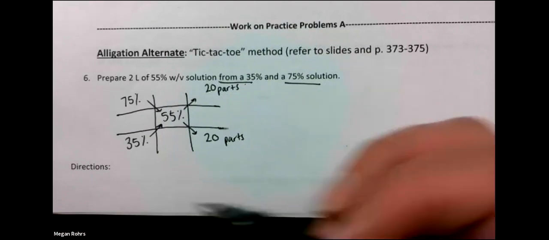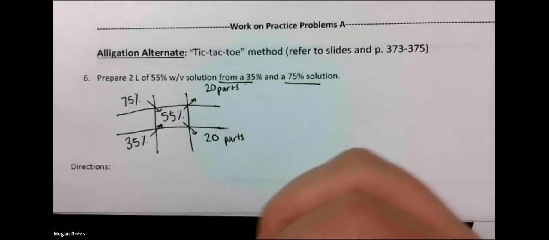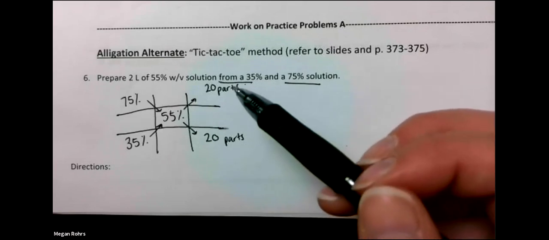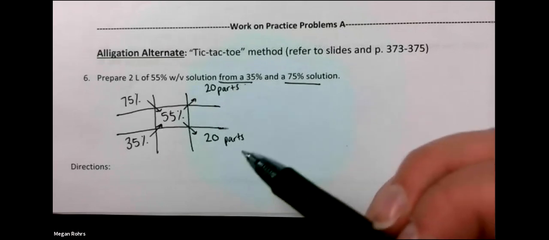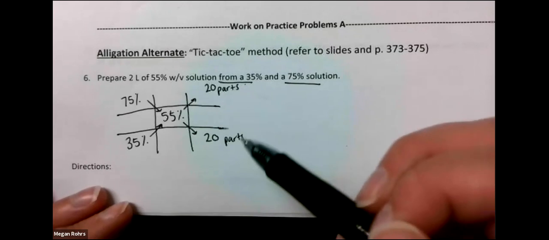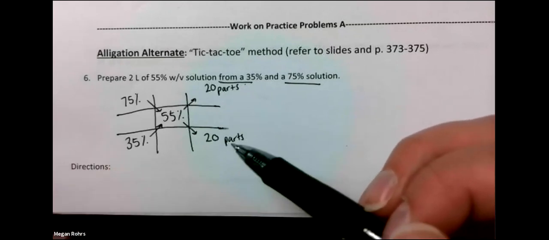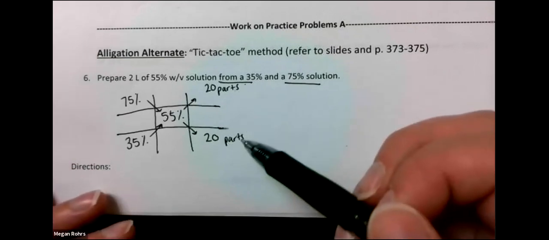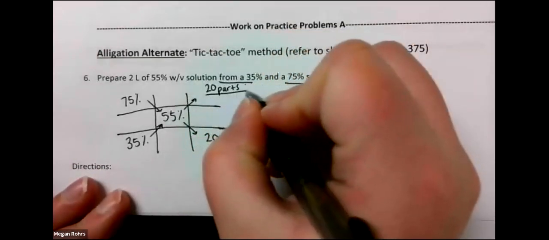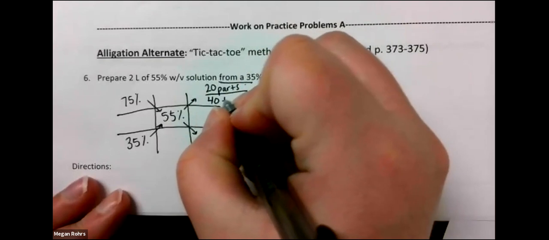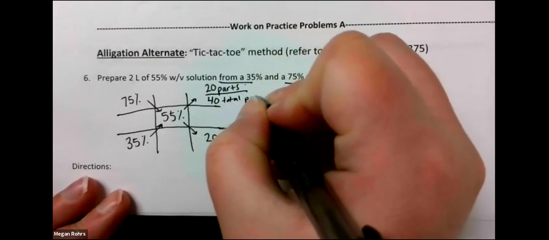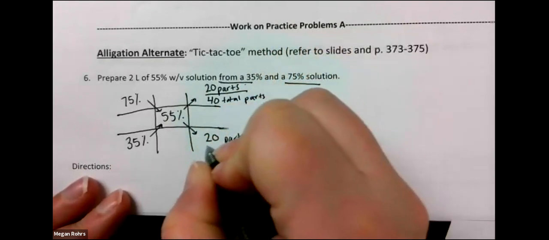That doesn't tell us how we can measure these out. So the next step is to find how many total parts we have. 20 plus 20 gives us a total of 40 parts. So we're going to take each of these and set them over our total amount of parts.